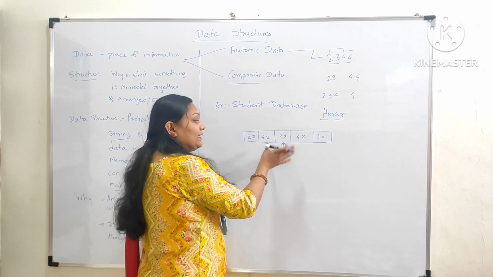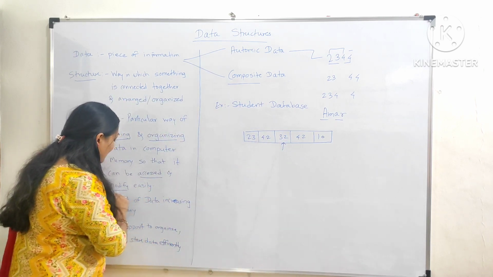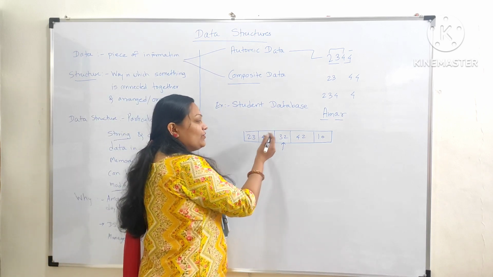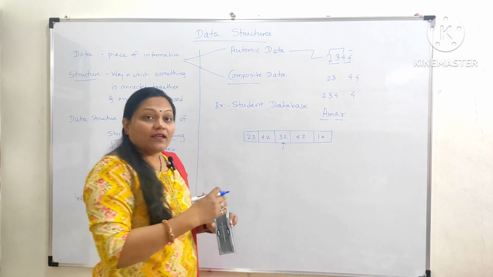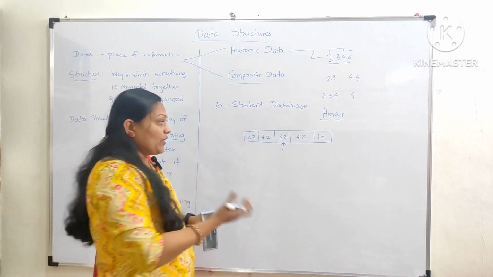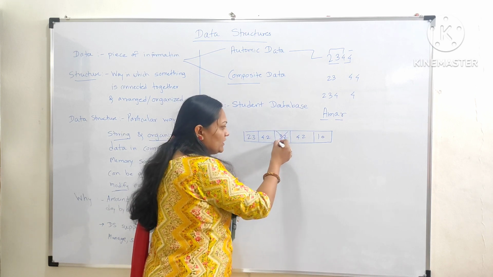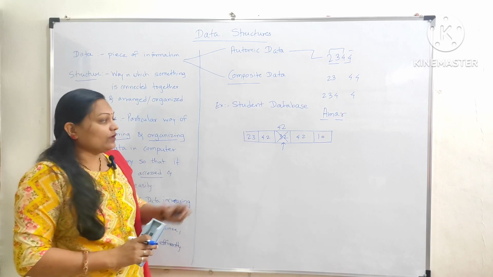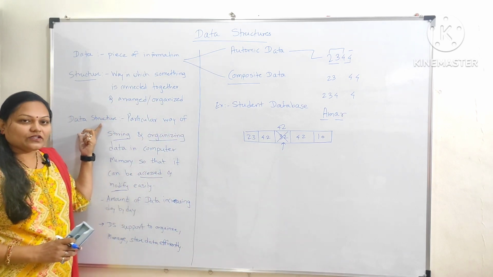So in that way we can access the data, and you are able to modify this data also. If you want to search data, delete this particular data, modify or update this data, meaning we need to remove this data and place 42, suppose. So for that type of thing we are using data structures.